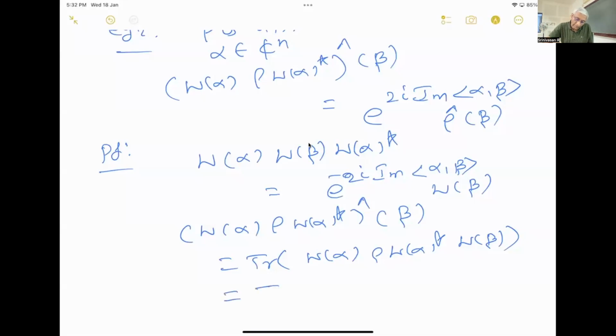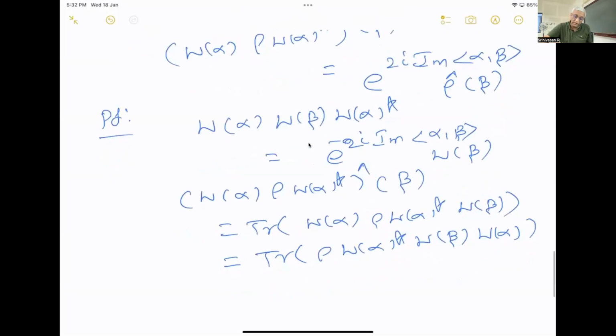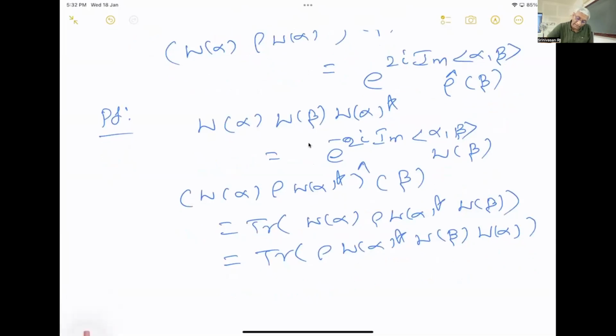So now, of course, you use the trace property, you can bring this W of alpha to the other side: trace of rho W of alpha star W of beta W of alpha. Here you had minus 2i, but because you have W of alpha star, you will get plus here. Right.